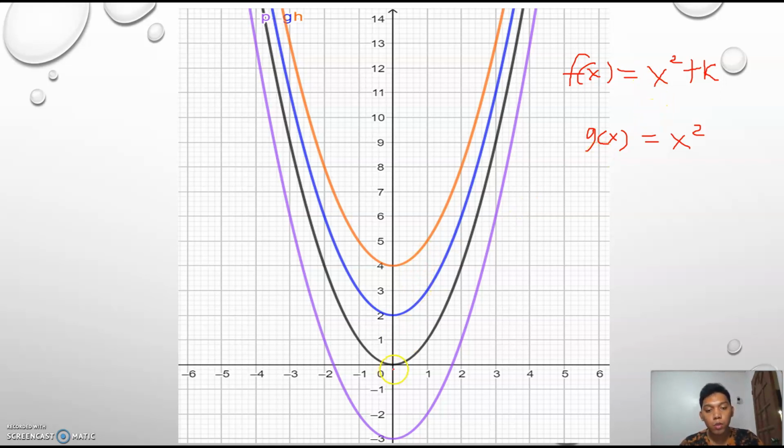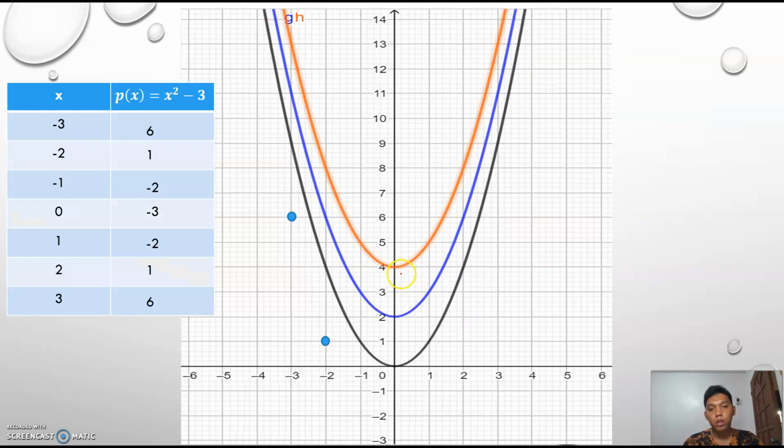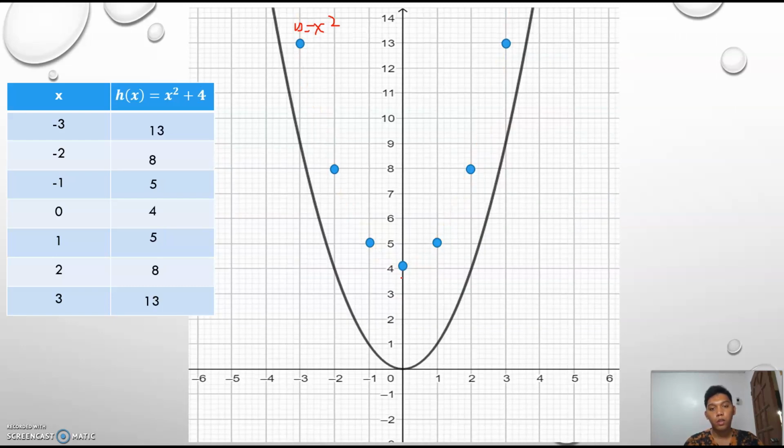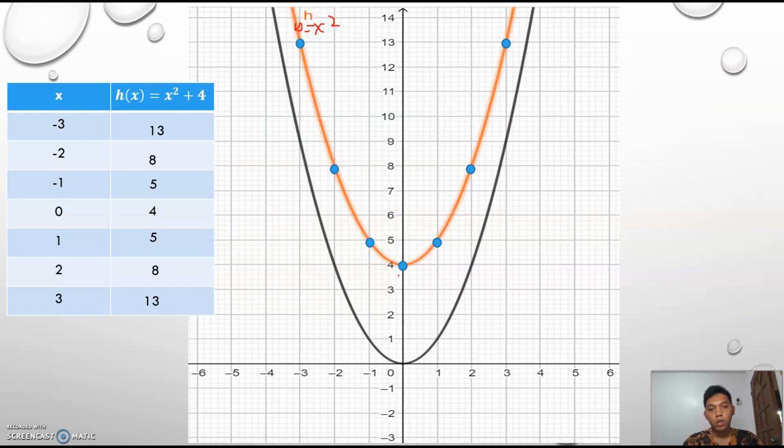If you notice from the original graph here, let's go back to the orange one. What did we do to graph it? This is the parent function, right? y equal to x squared.